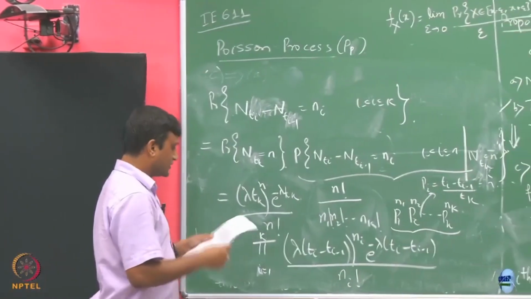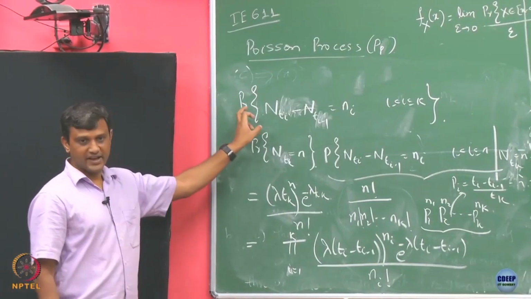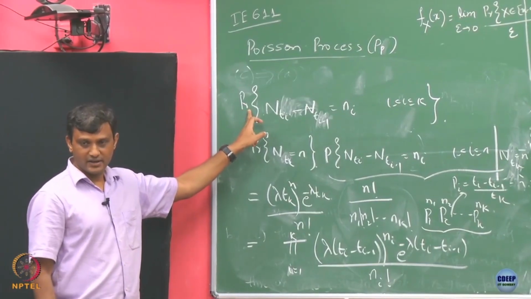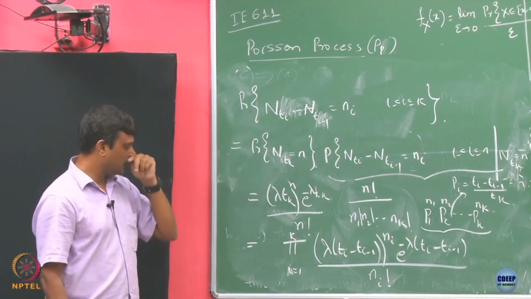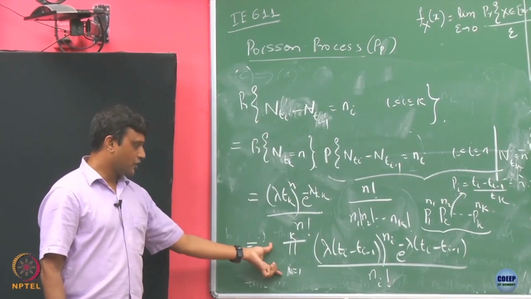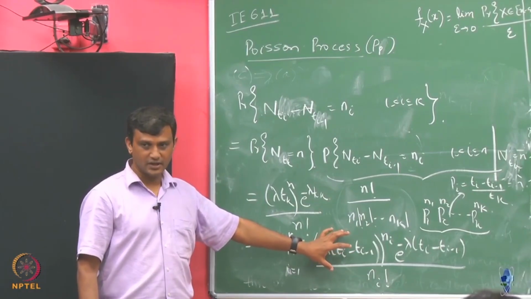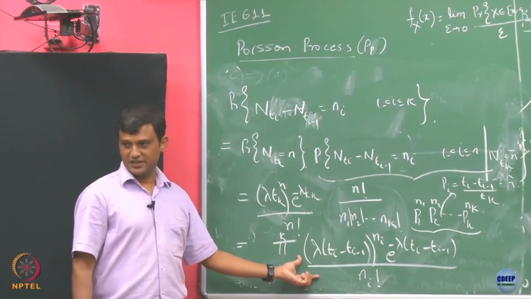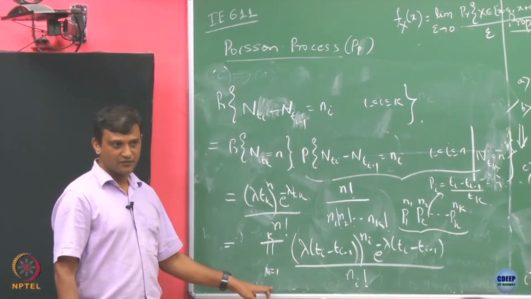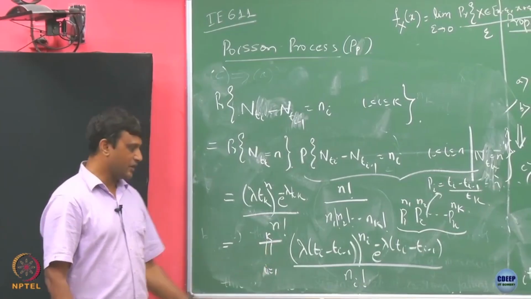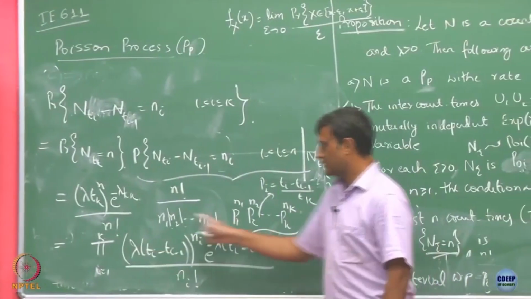Okay, so what is this now? I am finally able to express this probability here as the product of k terms. What is each term here? Let us take one particular i, where i is ranging from 1 to k. If you just look into that, what is this going to be?